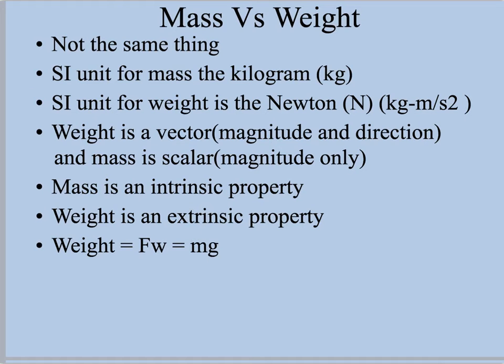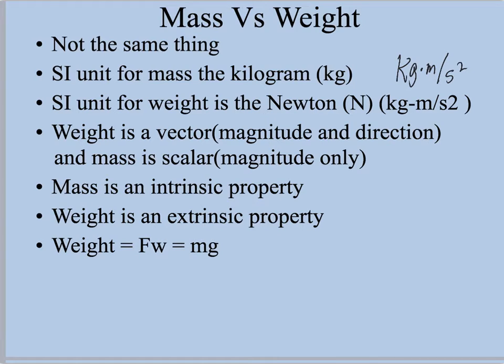All right, mass versus weight, definitely not the same thing. The unit for mass, the SI unit, is kilograms. The unit for weight is the Newton, and this part here represents a kilogram meter per second squared.